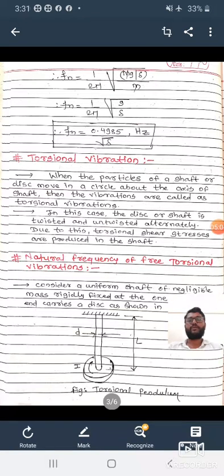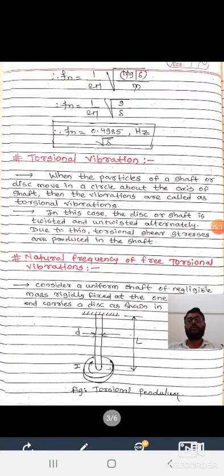The mass m gets cancelled, and finally fn equals 1 upon 2 pi under root of g by delta, or fn equals 0.4985 upon under root of delta hertz.